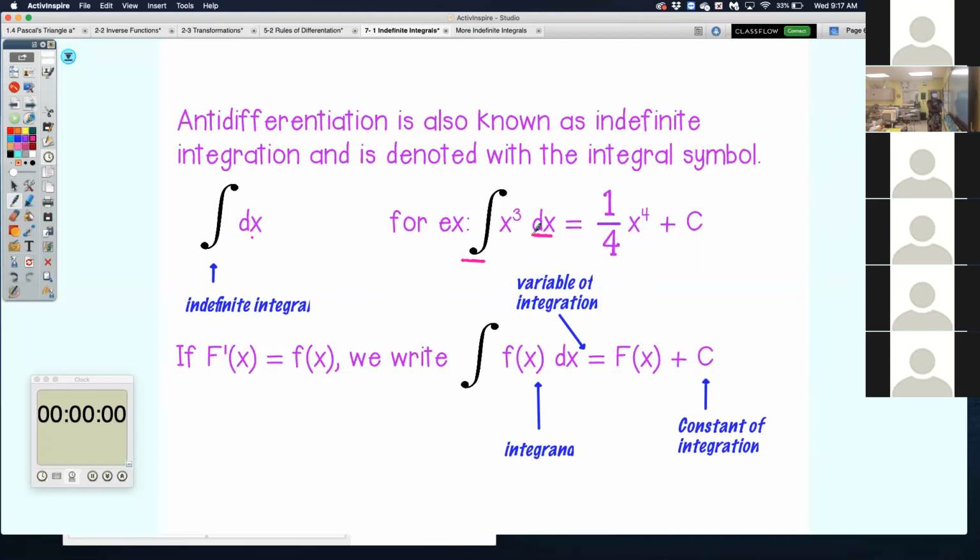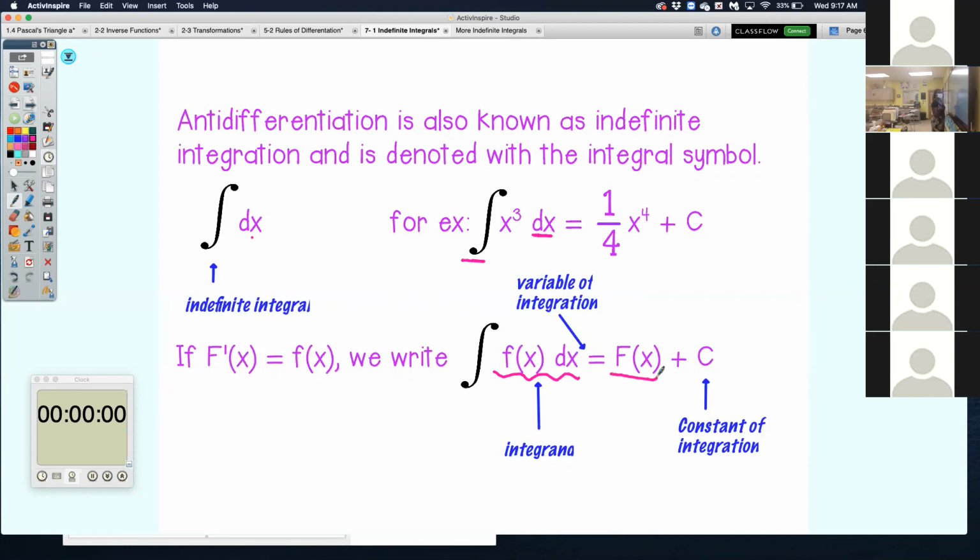So like I said at the very beginning of this lesson, anti-differentiation is going backwards now. So now when we're given a function, that technically represents the derivative, and we're trying to find the original function. So this right here, beside the integral symbol, is technically the derivative. When you do the differentiation of that, you get the original function.